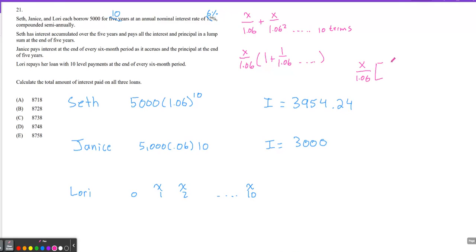Now we have first term minus first omitted term, over 1 minus common ratio, okay, and now that has to equal 5,000, okay?